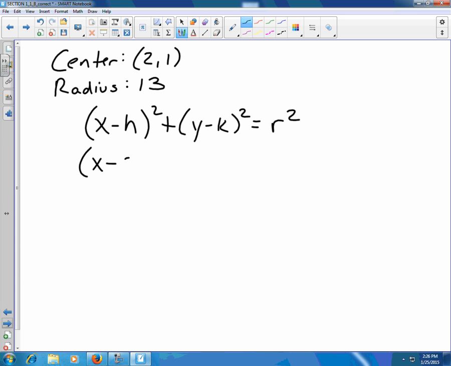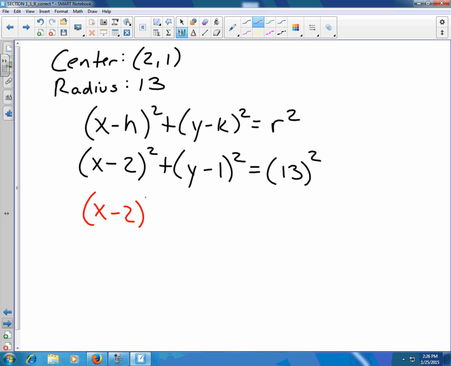Well, now h is 2, k is 1, and r is 13. And so for our final equation, we get (x minus 2) squared plus (y minus 1) squared is equal to 169.